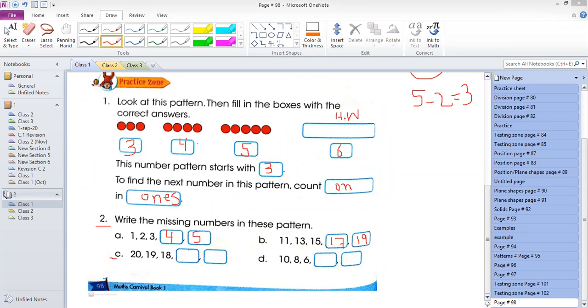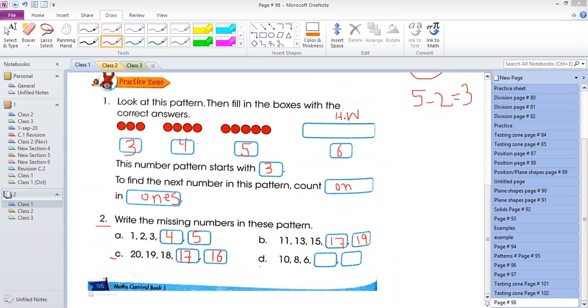There should be 17, and after 17 what number should there be? 16. That's very good because we are counting back in ones. So when we count back from 18, it's 17 and then 16.